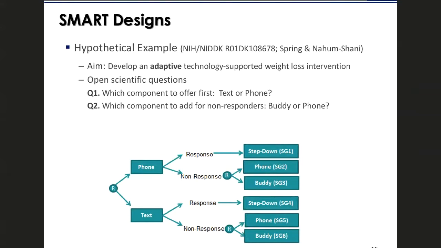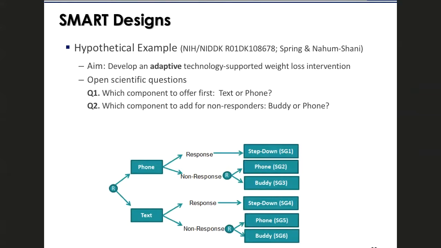You remember my hypothetical adaptive intervention? None of you have said it, but this example is rather silly. It assumes that I know everything that I need to know in order to develop a high-quality adaptive intervention package. It assumes that the best initial treatment is text messages. It also assumes that I know how to identify early non-responders.